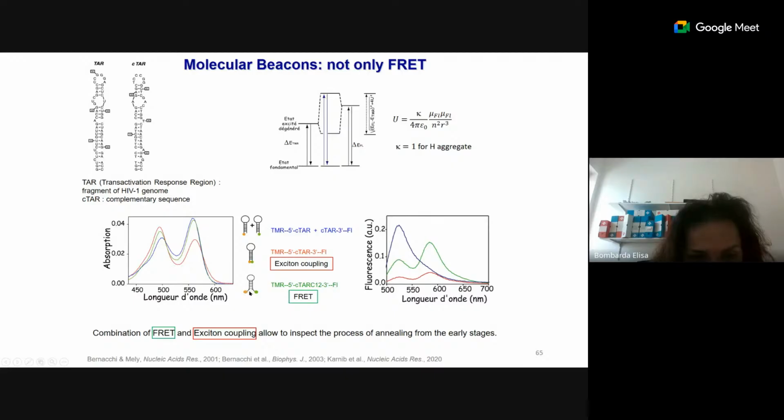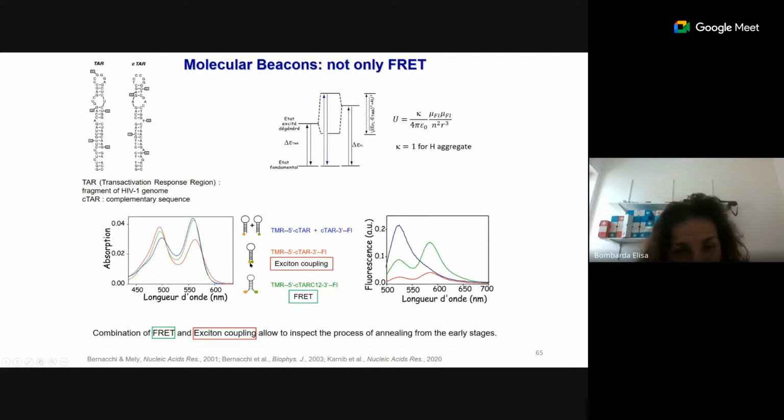If you want to follow the opening, the annealing process, you start from the closed form, and then step by step you open the stem.